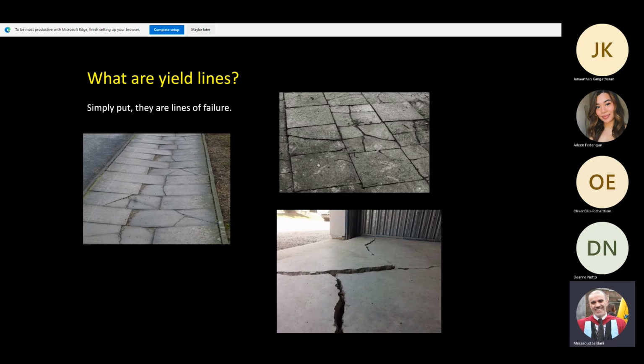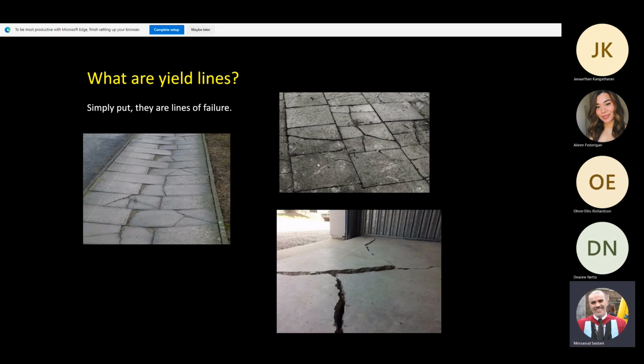So obviously there is the mixing, the manufacture of the slab itself, and the mixing is not exactly the same. The other one is they're not supported in exactly the same way, and also they're not subjected to exactly the same load. So you have a number of parameters which make the yield lines.